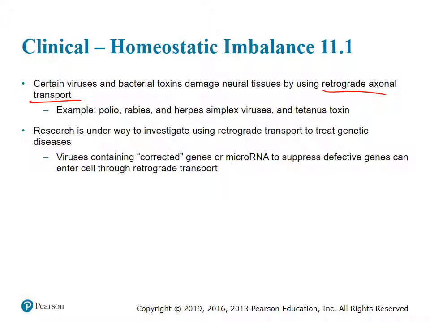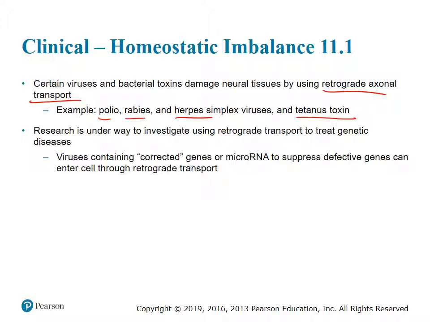So things like polio, which is a virus, rabies, which is a virus, herpes, which is a virus, and tetanus and botulinum, bacteria that secrete a toxin, and that toxin can carry its way back and forth. So the virus can travel up, or the virus can travel down, and that's why we see transmission occurring, infection and transmission from one neuron to the next. And in fact, that's how polio happens.